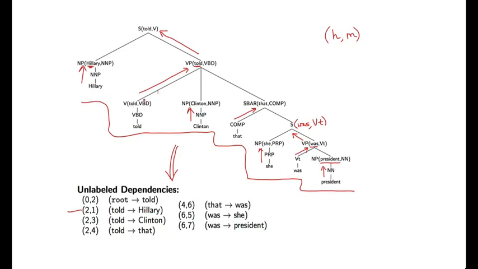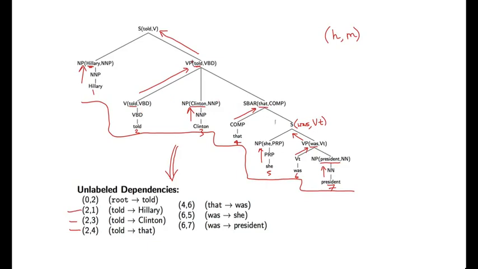Similarly, if we look at this rule here, we have told as the head and Clinton as a modifier. And so I have an arc 2-3. So I'll number these words 1, 2, 3, 4, 5, 6, 7. I have an arc 2-3 from told to Clinton. And similarly, I have an arc from told to that, 2-4, because I have that also as a modifier to told.